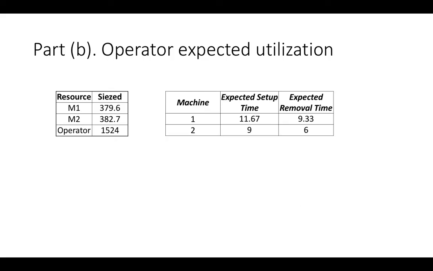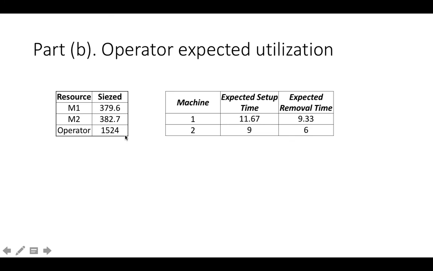So in general, when we want to find the utilization, the first information that we need is the number of parts that were seized by the resource. In this case, the operator will seize 1,524 times.